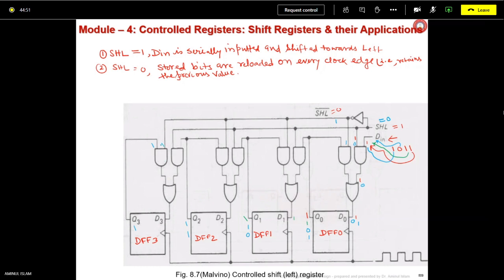This is 1. SHL is complemented, so 1. So what is happening here? It is 1, and it is storing back. When shift left is 0, you are not interested in shifting, then what is happening? It is retaining its own content. Is it happening or not?